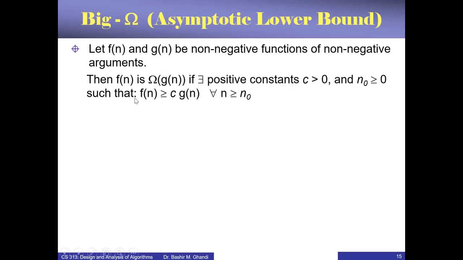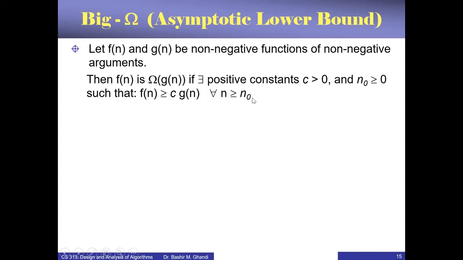Then Fn is said to be big omega of Gn if there exist positive constants C strictly greater than 0 and n naught greater or equal to 0, such that Fn is greater or equal to Cgn for all n greater than n naught.